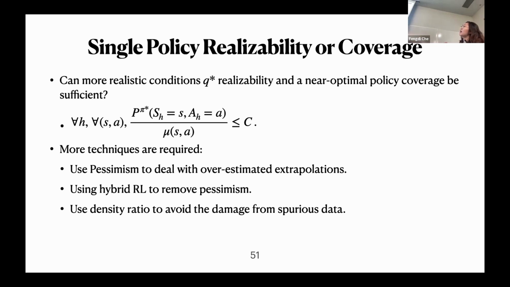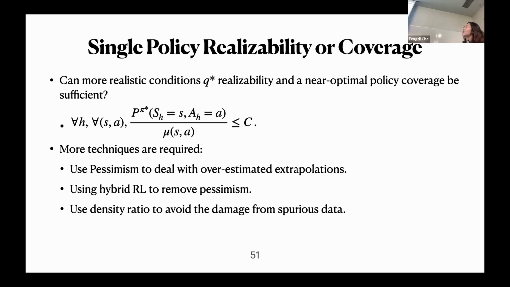For the pessimistic value estimation, it's like clipped double Q, which is a way to add pessimism to our Q estimation. Then what people gradually realize is that clipped double Q gives too much pessimism and it really hindered the exploration. And people say, oh, maybe we want to remove this pessimism, but we still have very partial coverage.